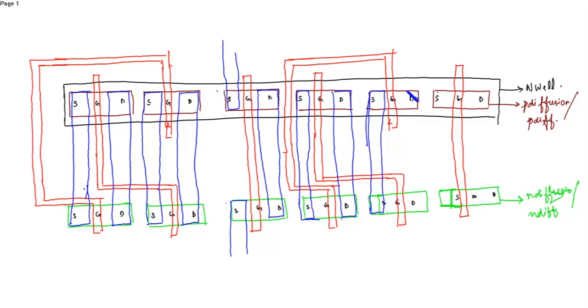Okay. This is that inverter. So this source is connected to VDD, and the source of the NMOS is connected to ground. So we can connect the ground.